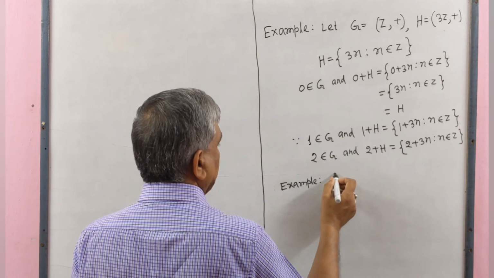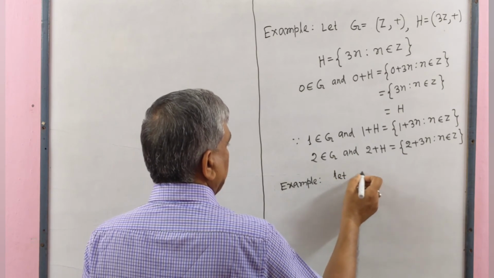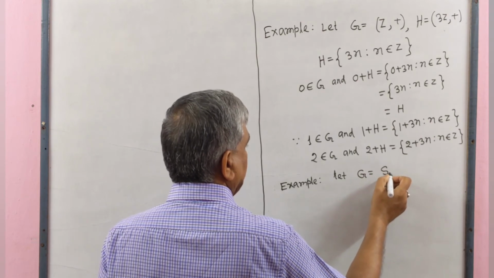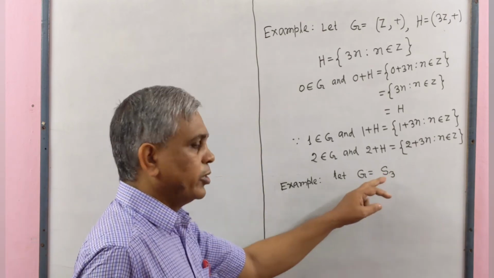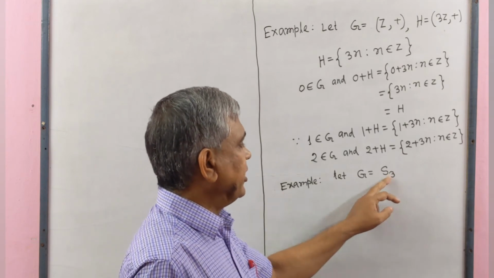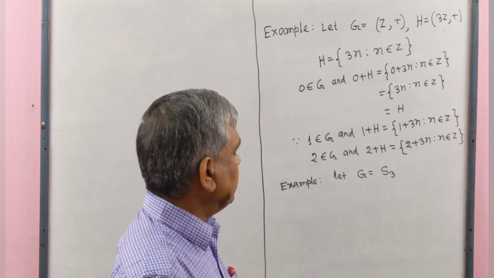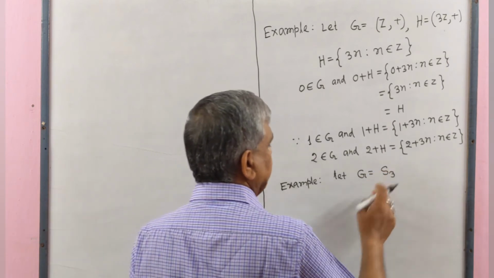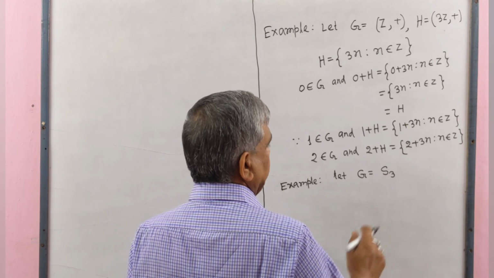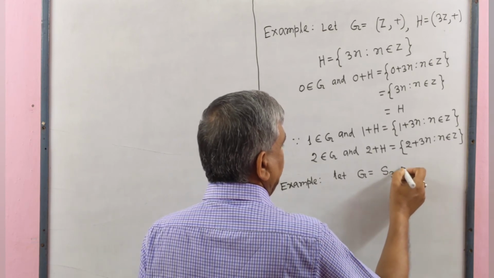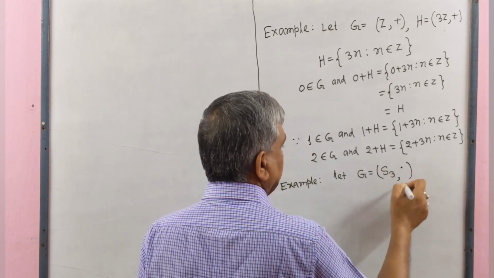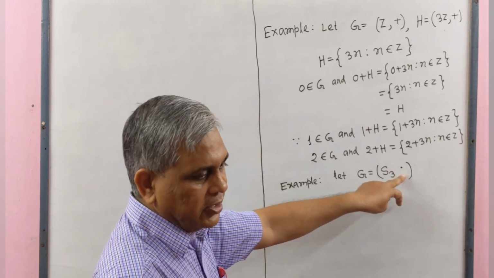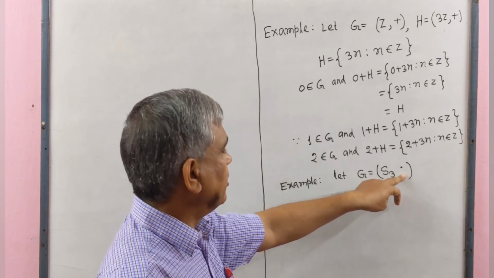Now we give another example. Let group G be S3, the symmetric group of degree 3. That means the permutation group of degree 3 in which the binary operation is multiplication of permutations, that is composite mapping.